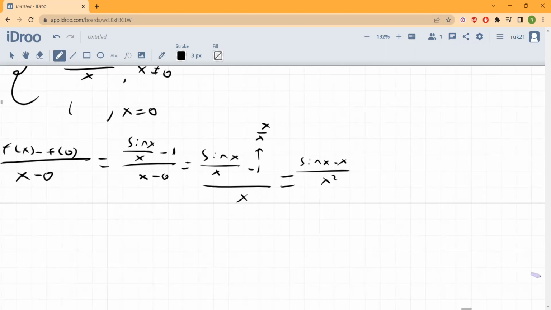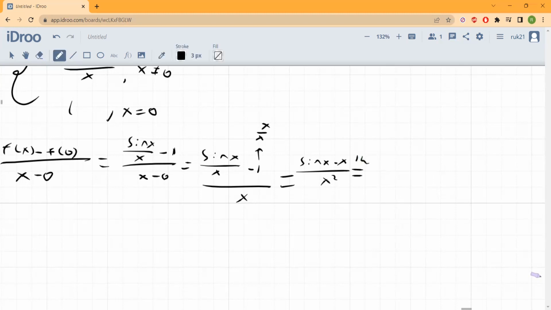The first way is just taking L'Hopital, because you get 0 over 0. The second way is you can simplify it like this, sine x squared minus x squared, and then you can try going from here as well. But the simpler way is to just take L'Hopital, because everything simplifies quite nicely then.